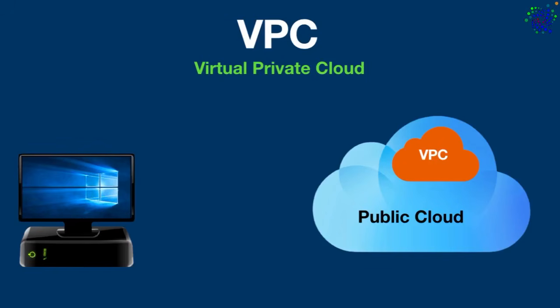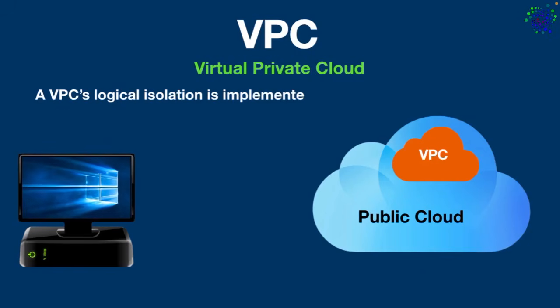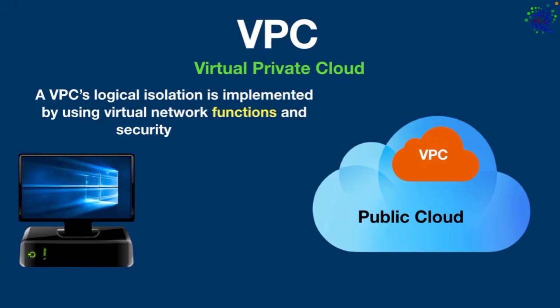Now the question is, how do you isolate or create a VPC within a public cloud? Well, a virtual private cloud's logical isolation is implemented by using virtual network functions and security features that give an enterprise customer great control over which IP addresses or cloud applications can access particular resources.